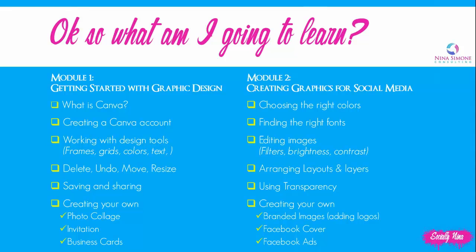At the end of the second module, you will be able to create branded images. What that means is you'll be able to add your logo to your images so no one can take them. And you can also create Facebook covers and ads. We'll be going over how to create all of these items.